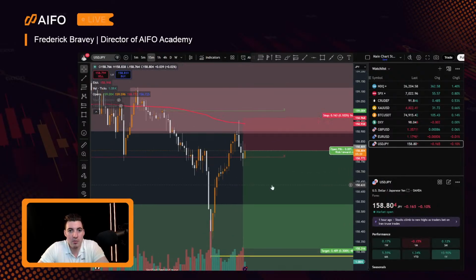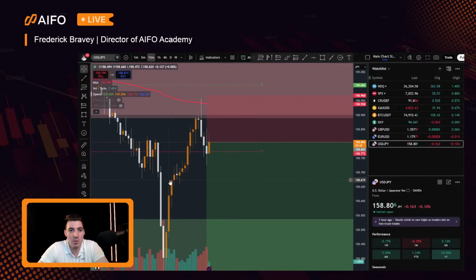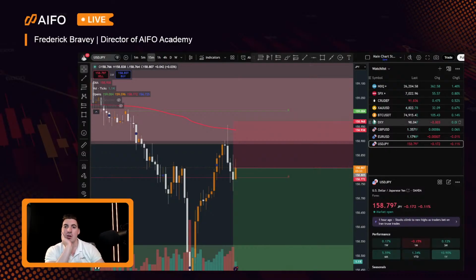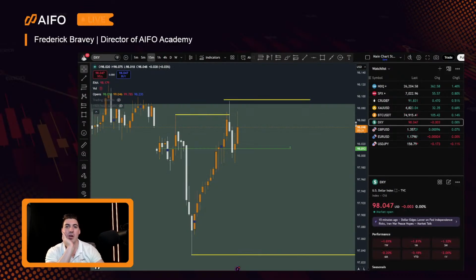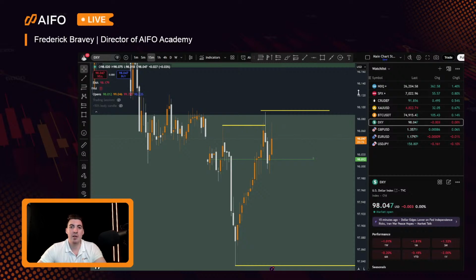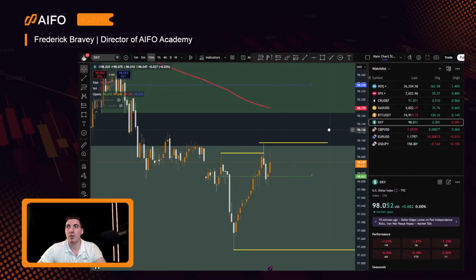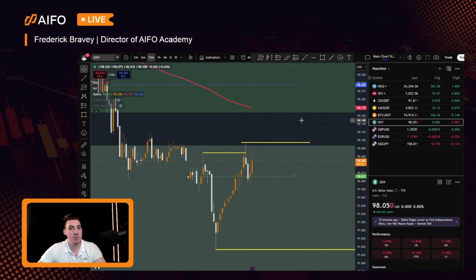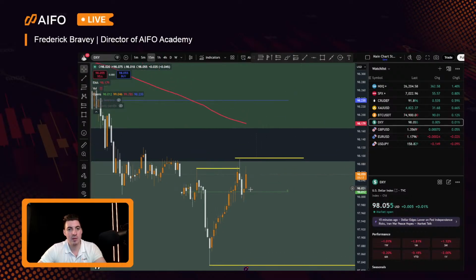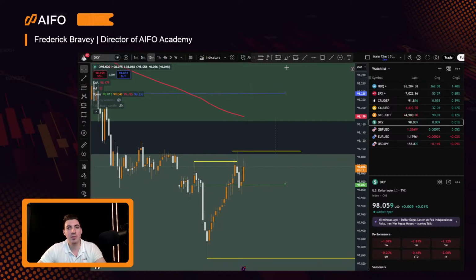USD JPY, of course, this is going to go up. The reason it's going to go up is because we're seeing the DXY push up. This is a good sign that it's going the way we want it to go. Nice. This is if it does go up, right?